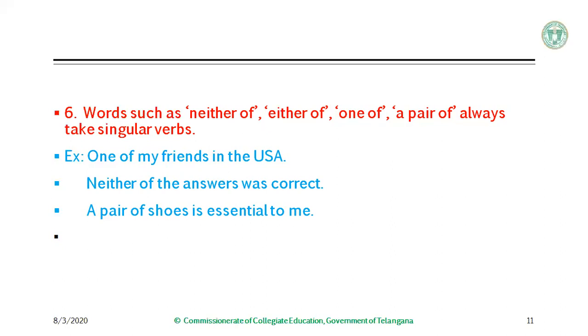A pair of shoes is found in the room. One of my friends is working in the USA. Like that, we can use the singular verb with certain words such as neither of, either of, one of, a pair of.